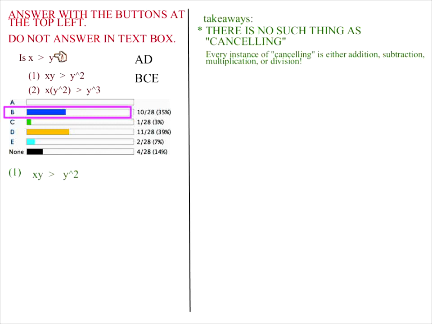In this case, there's no such thing as canceling a y, because remember, canceling is not a real operation. If you think you're canceling stuff, here you want to cancel y, but in this case, that's division. With inequalities, it is absolutely imperative that you figure this stuff out. What you're trying to do here is divide by y on both sides.